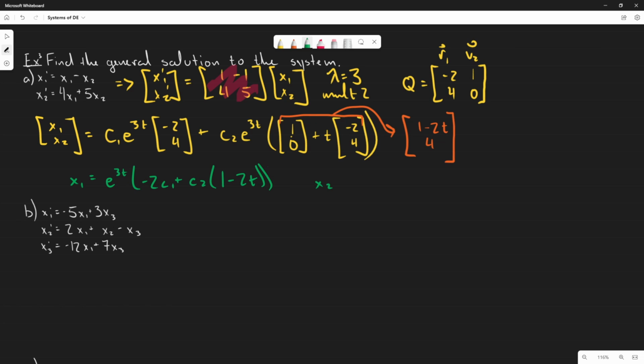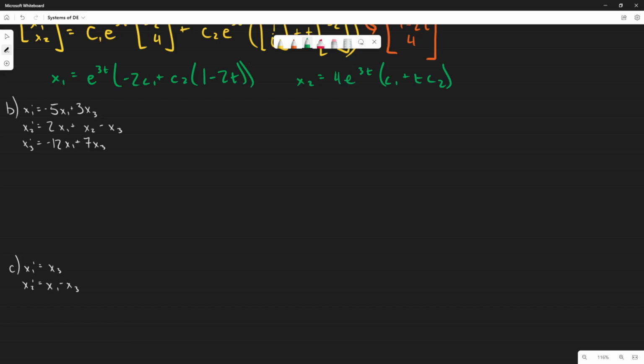And then x2 will be equal to e to the 3t times 4c1 plus 4tc2, and then we can factor out the 4 and have this be 4e to the 3t. So that will be it for the first example, and let's move on to the second one.